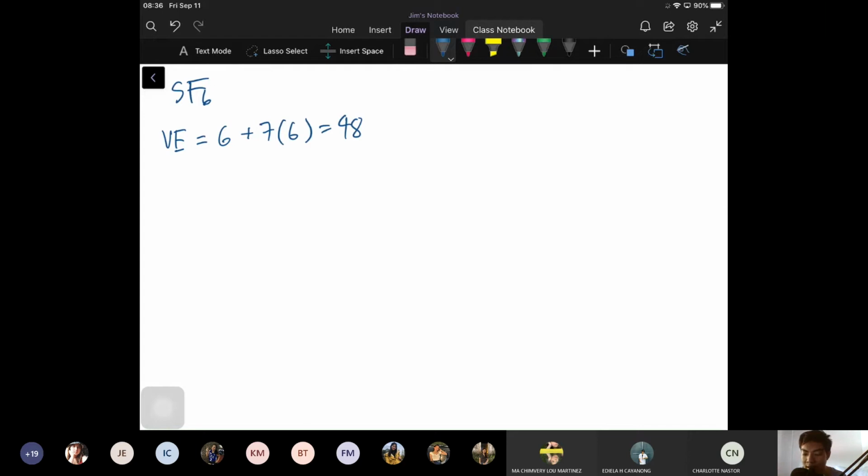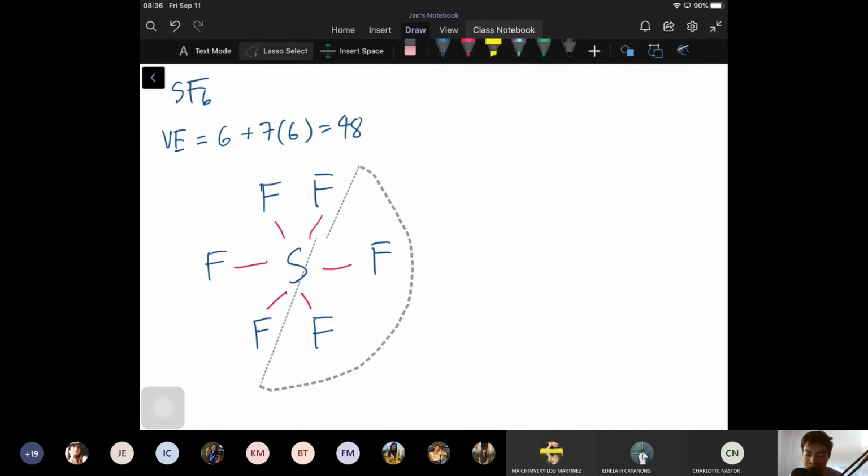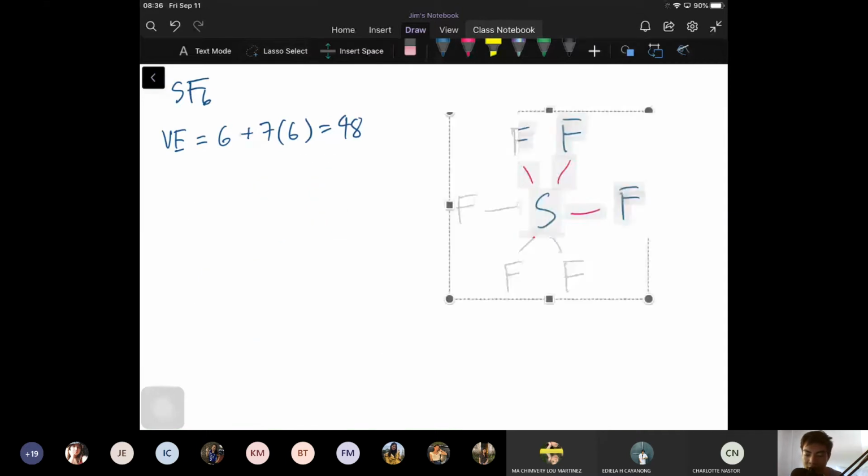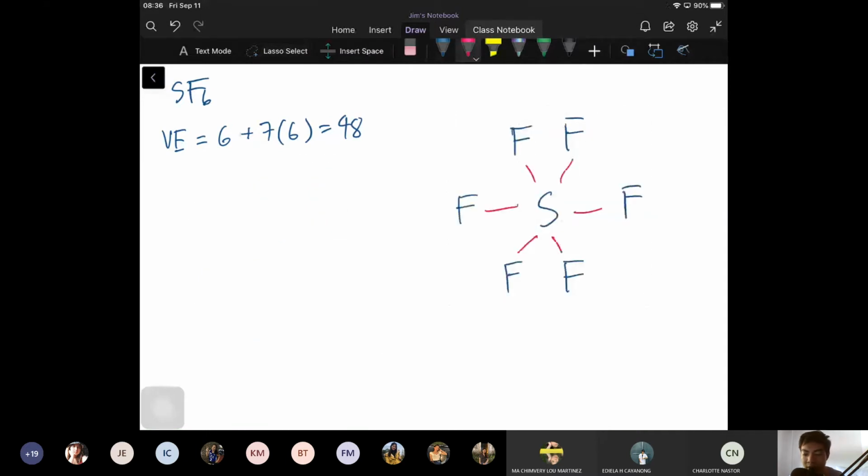So, gawa muna tayo ng skeleton. And then I will connect my terminal to my central using single bonds. So, ngayon, ilan yung nagamit ko? I used up how many electrons? 10.